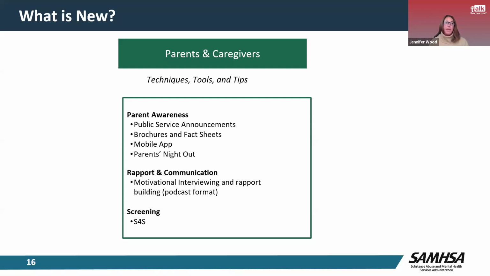So it's pretty exciting. And the parent and caregiver technique, tools, and tips bucket falls into 3 critical elements. The first one is awareness, giving parents a better understanding of the challenges that young people are facing today, from peer pressure to mental health to substance abuse availability.